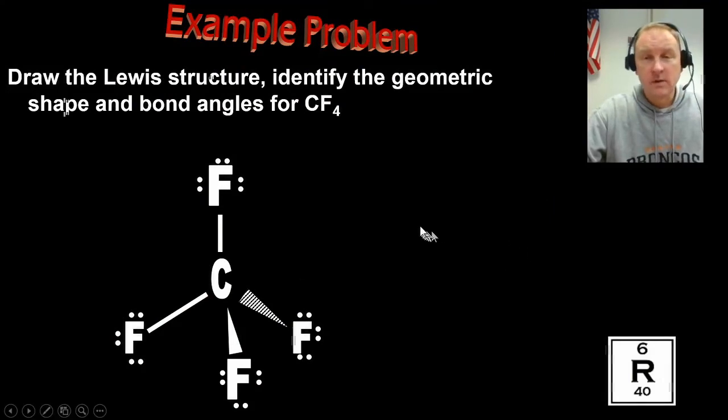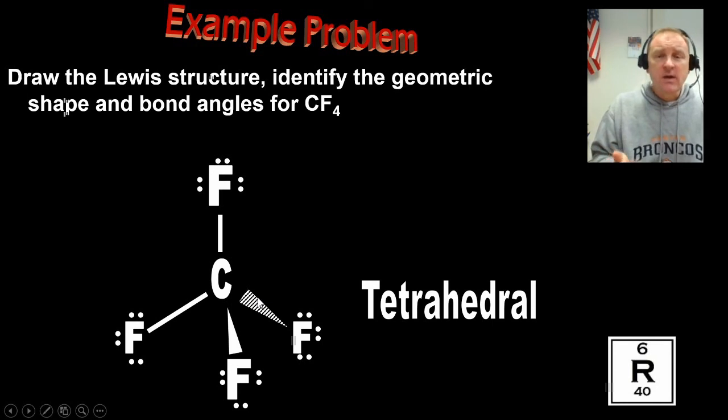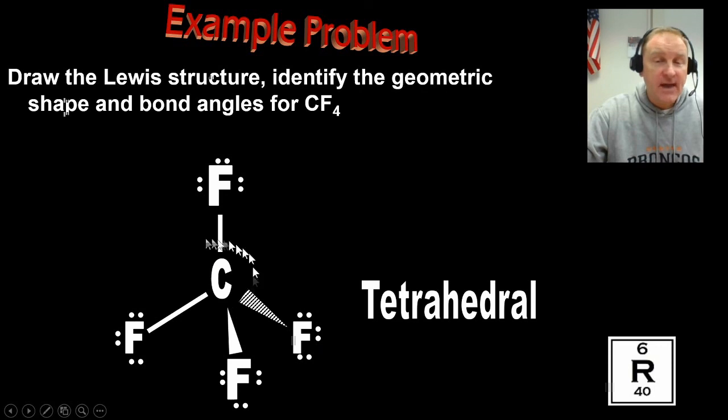Okay. So draw the Lewis structure, identify the geometry shape and the bond angles for this. So this would be tetrahedral, and you look back in those notes that I just gave you, it has 4 bonds. We're talking about the center atom, by the way, 4 bonds and no lone pairs. Yes, there's lone pairs in this molecule, but the geometry of the center atom is a tetrahedral.